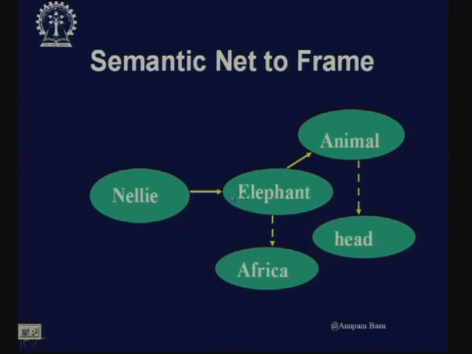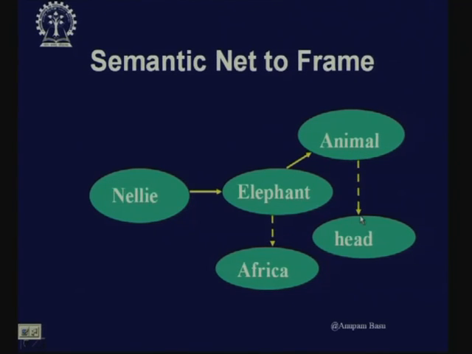Now, suppose I label these edges. If this information is to be translated into frames, then what would be the class, what would be the instance? Please note it down, because based on this we will now be drawing the frame, or we will just show what the slots are.